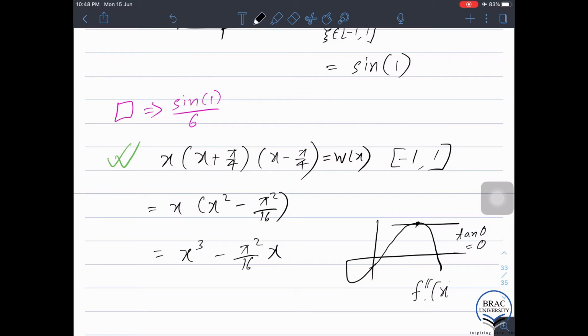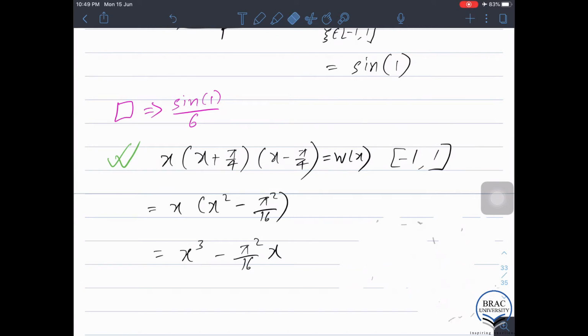F double prime of x, or if it is w, then w double prime of x. If that is less than 0, then it's a maxima, and if it's greater than 0, then it's a minima.